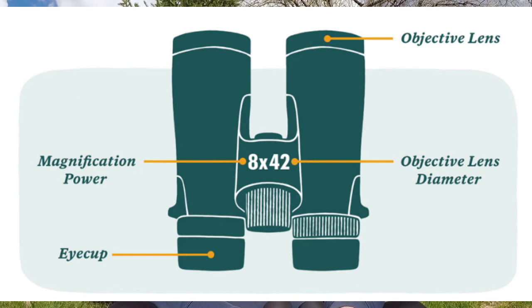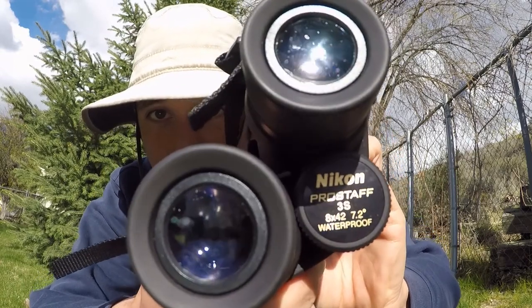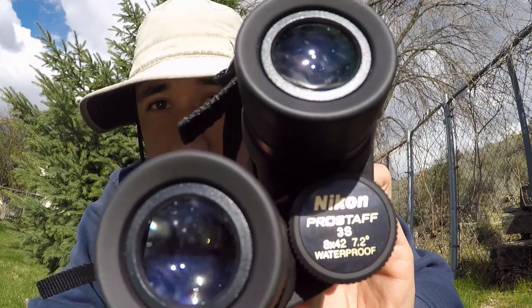What I'd like to do first is show you some of the specifications that are on my binoculars. You can see right here that we have an 8x42, we have a 7.2 degrees, and it says waterproof. Let's get into talking about what these technical specifications are. That first number, 8x42, is the magnification and the objective lens diameter. Two common types of magnification are times 8 and times 10.